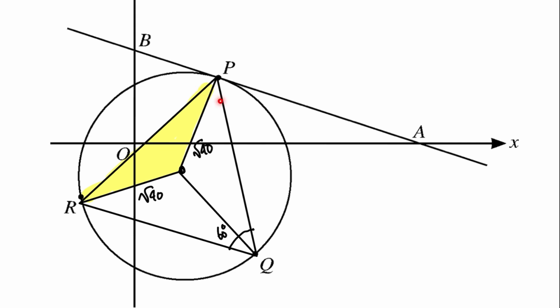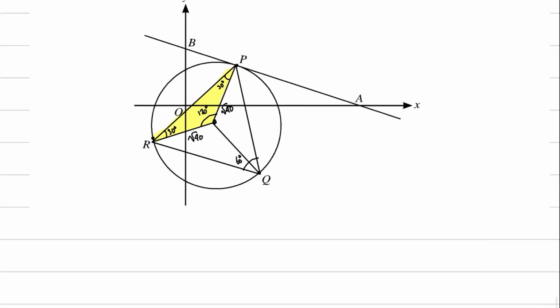This is also 60 degrees, but we take the half of it, so it becomes 30. This is 30, this is 30, and then using 180 degrees minus 30 minus 30, we'll get 120 degrees. So let's say the center is C.